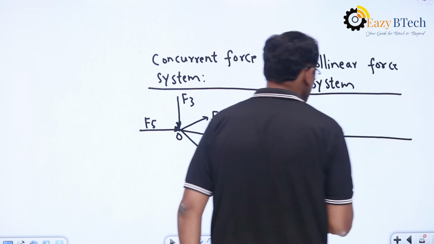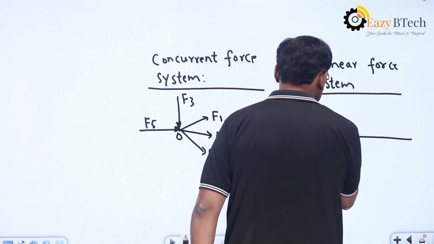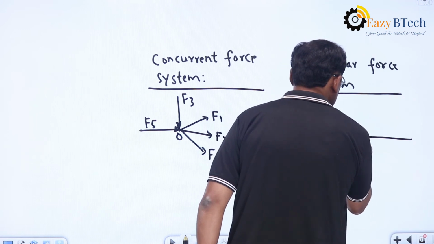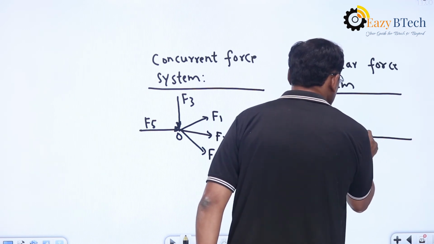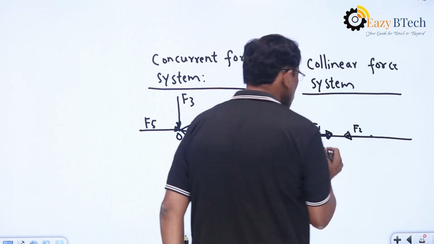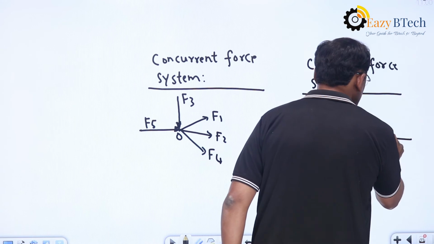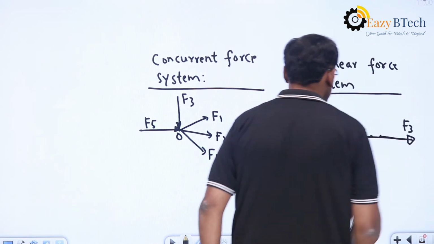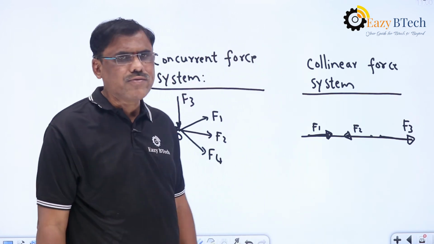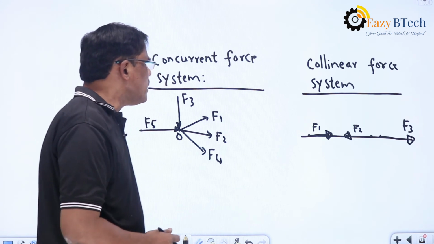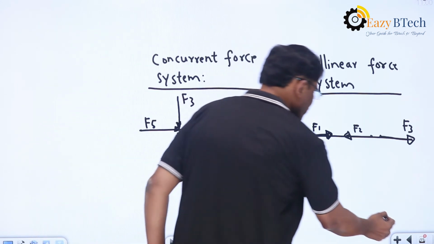Let us say this is the line here, and this is some F1, and let us say this force is F2, and one more force is acting towards right, this is F3. So if you look at this one, F1, F2, F3 are acting along the same line. So these are said to be collinear force system.